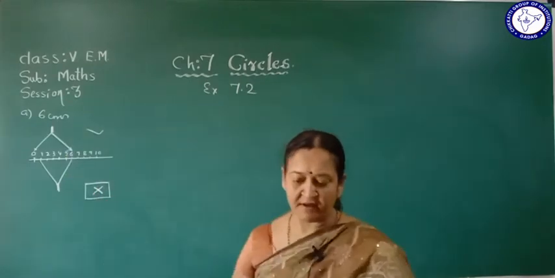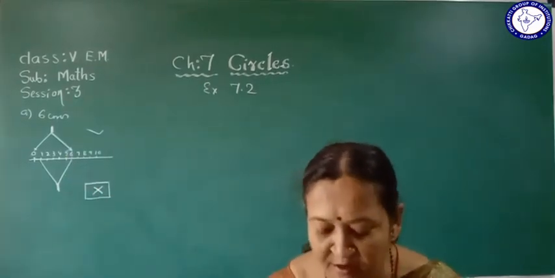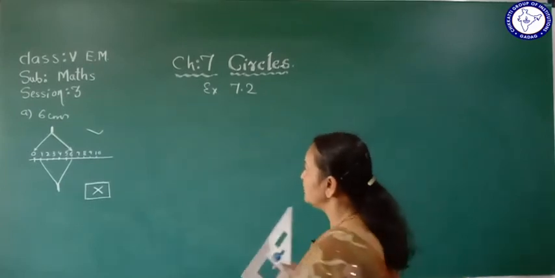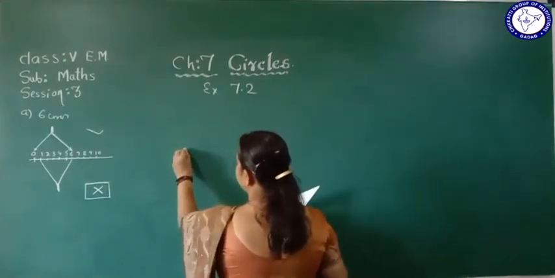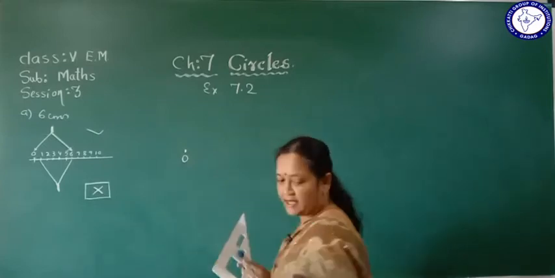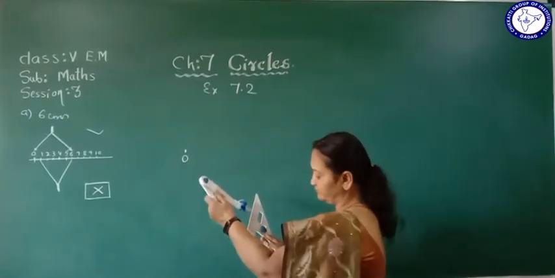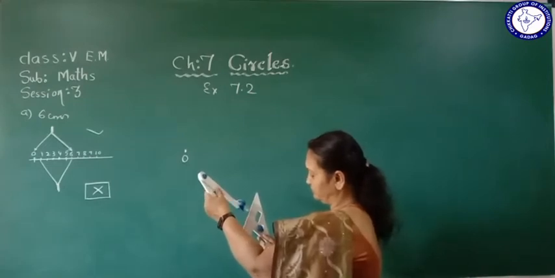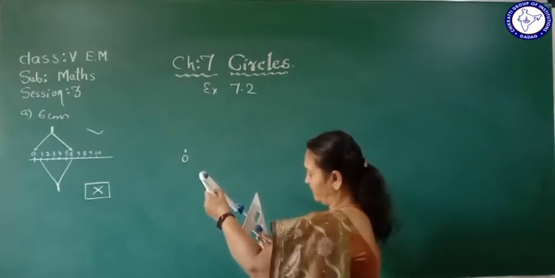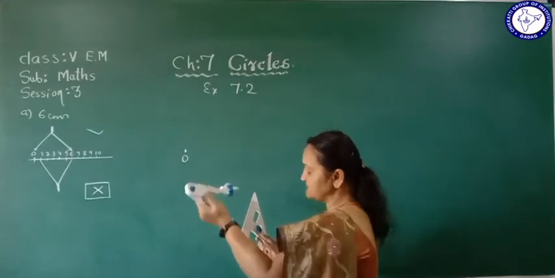Now let me construct the circle of 6 centimeter. Now mark here point O, then measure 6 centimeter. This is 6 centimeter.